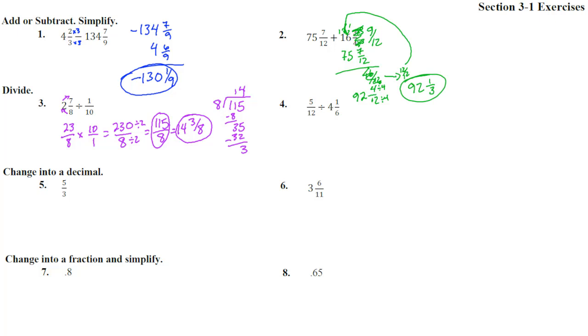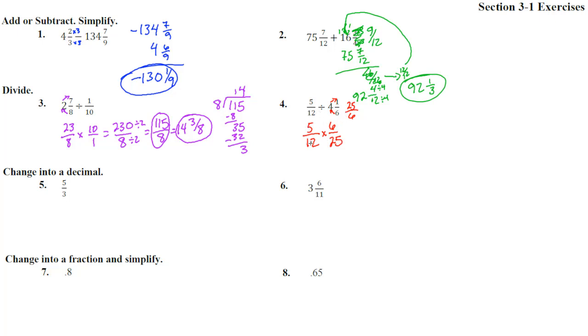Excellent. Number 4, 5/12 divided by, so it's going to be times. Now let's see what this is. 6 times 4 is 24, plus 1 is 25/6. So 5/12 divided by that is 5/12 times 6/25. Remember, division is multiplication of the reciprocal.